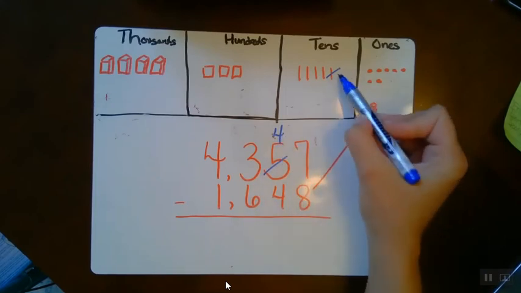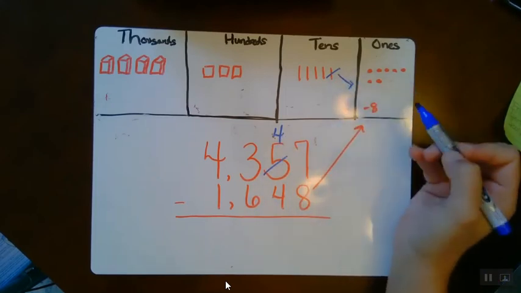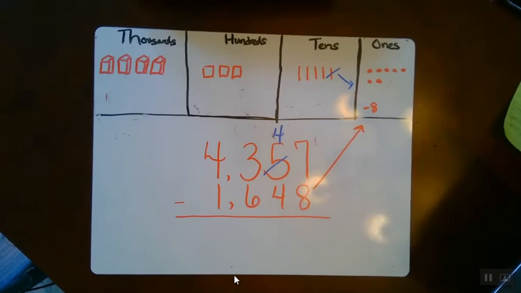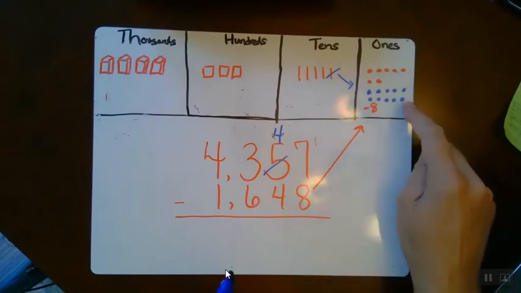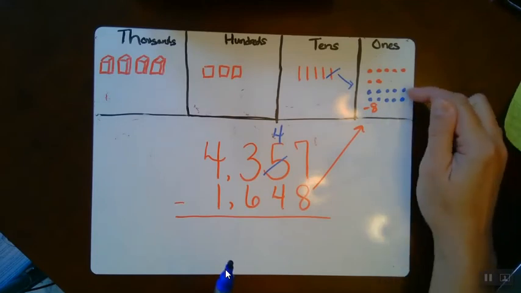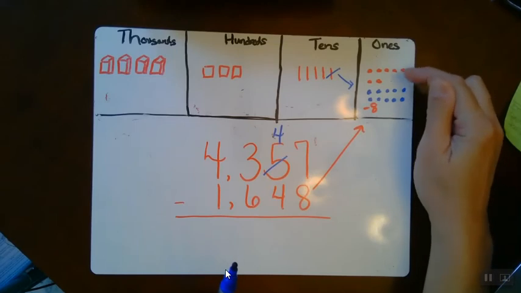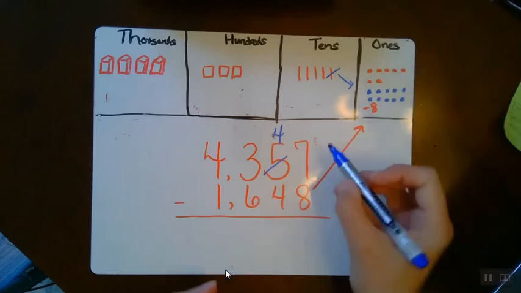That 10 is now going to change into 10 ones. That 10 miraculously changed into 10 ones. I'm magical. So now when I count up my ones column, I have 5, 10, 15, 16, 17 ones.